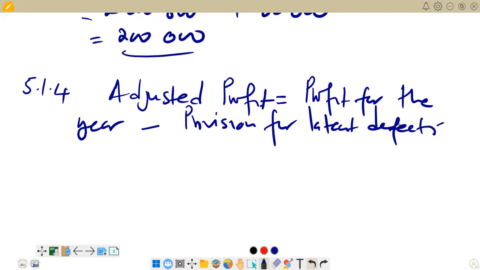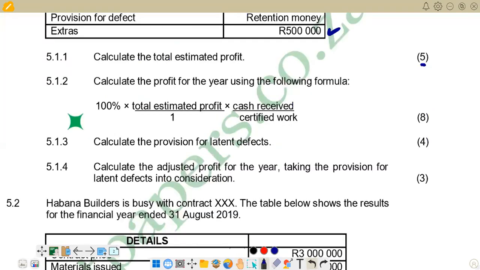Then you get the figure that we have for adjusted profit. So we start by identifying the profit for the year. If we come to the question, you'd see that the profit for the year is given here on 5.1.2. That's where we're going to get the figure for profit for the year.